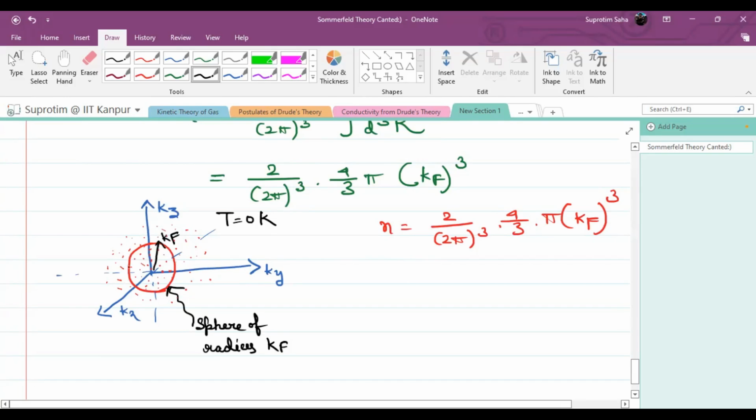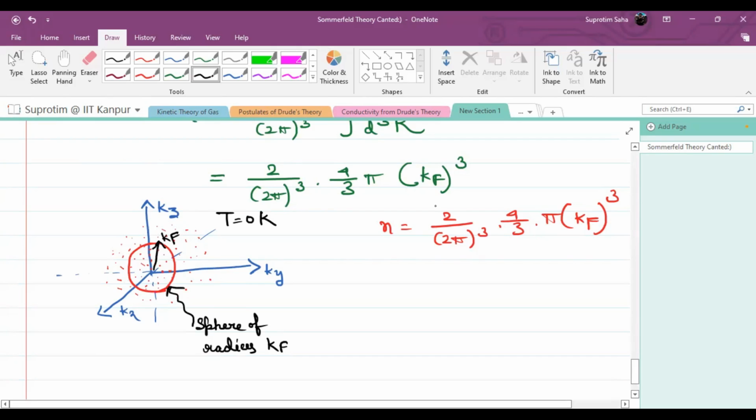So all the electrons fill up the energy levels only up to the Fermi energy, and the corresponding wave vector is kF. So in 3D k space, containing kx, ky, and kz, the electronic states will be contained within this Fermi sphere.